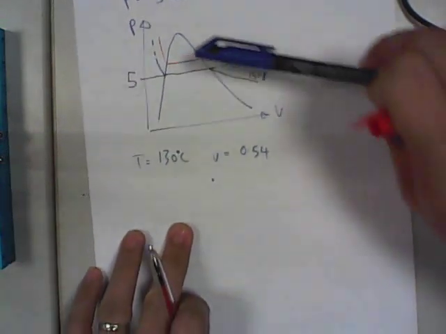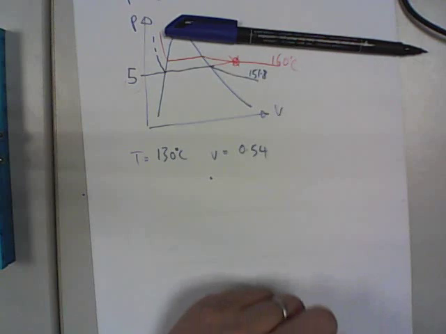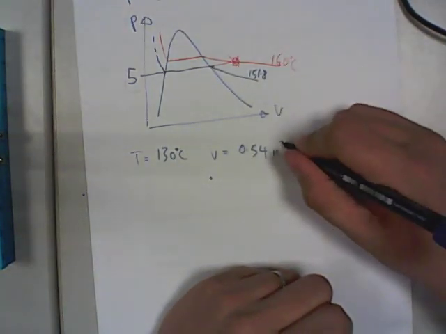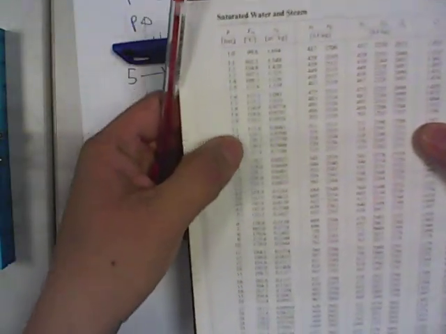The next one, let's say you are given 130 degrees and volume 0.54 meter cube per kilogram. How do I see? Well, you can go along the saturated water and steam page 4, and you will see that there is a saturation temperature of 130 over here, and it is at 2.7 bar that the water will boil at 130.